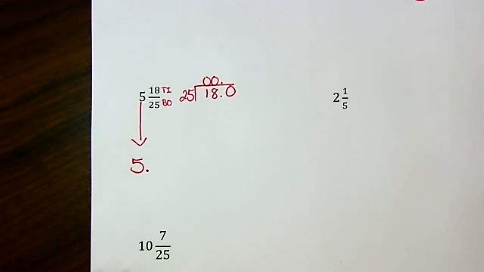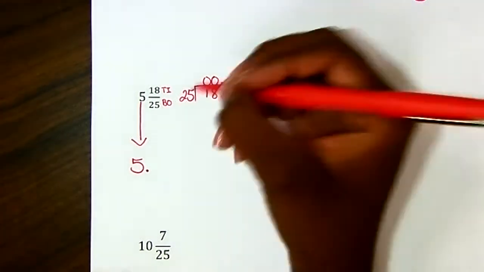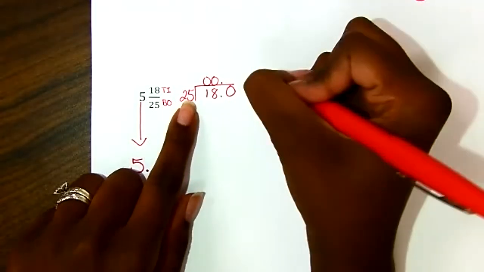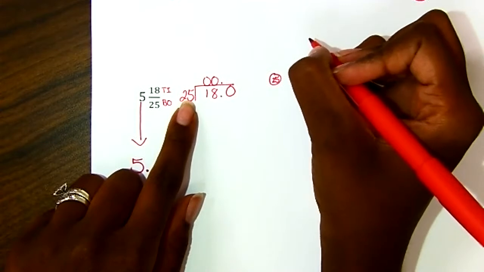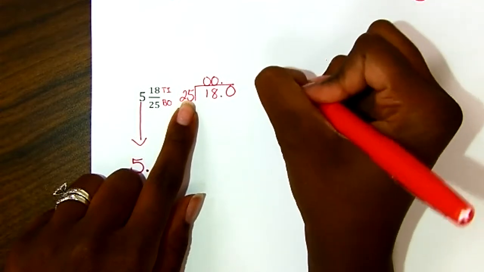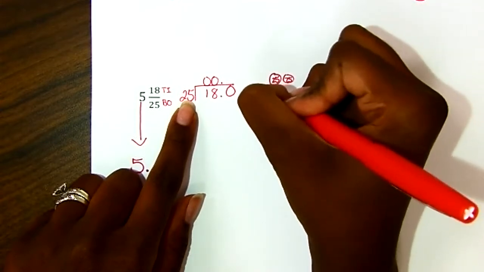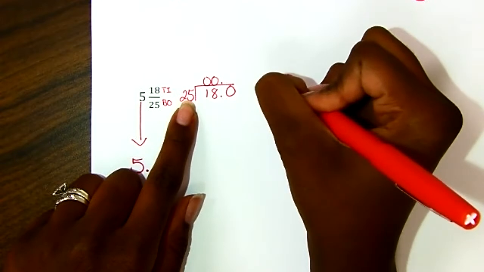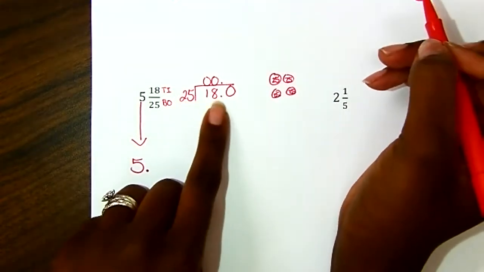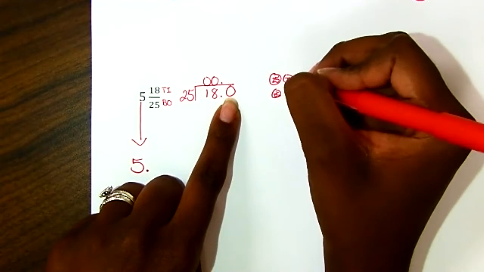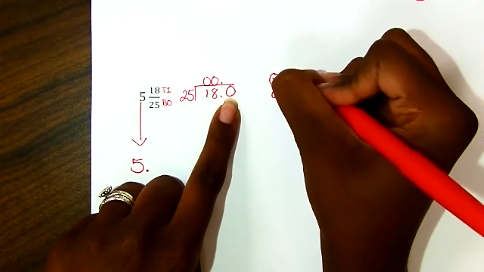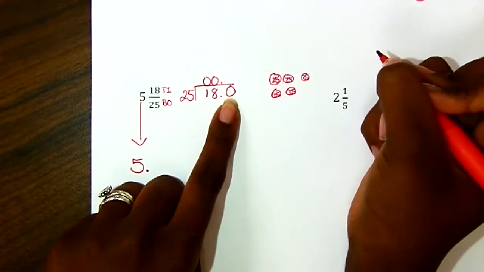How many times will 25 go into 180? If I think of money, 25 cents, which is a quarter. How many quarters make $1? 4, right? 4 quarters make $1. But I need $1.80. So if 4 quarters make $1, if I add another quarter, I'm at $1.25.